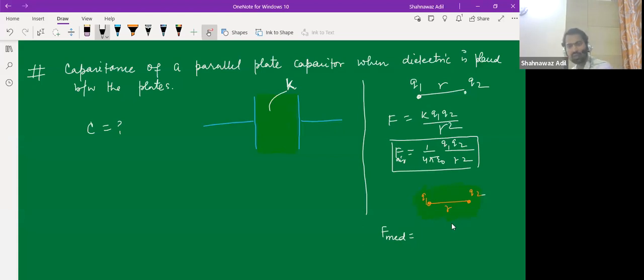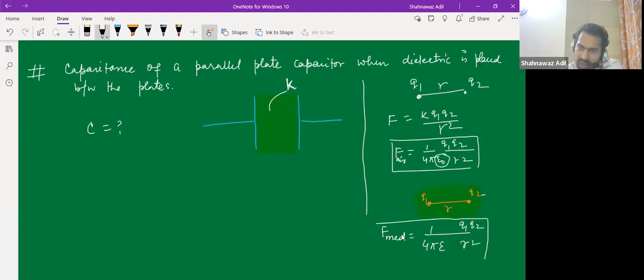Do you guys remember or not? This is the first thing we learned in the first chapter. So this permittivity of free space is changed to what? Permittivity of the medium. This is epsilon. And Q1 Q2 by R square.